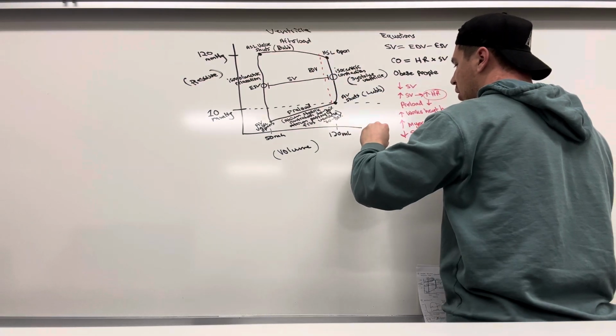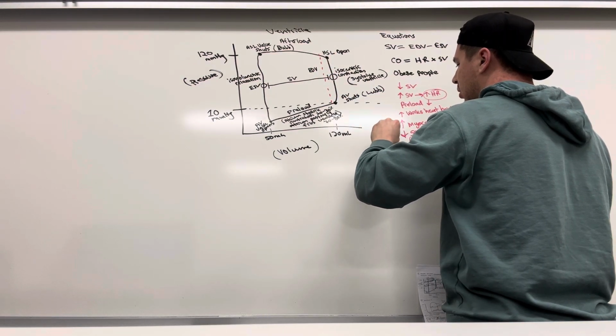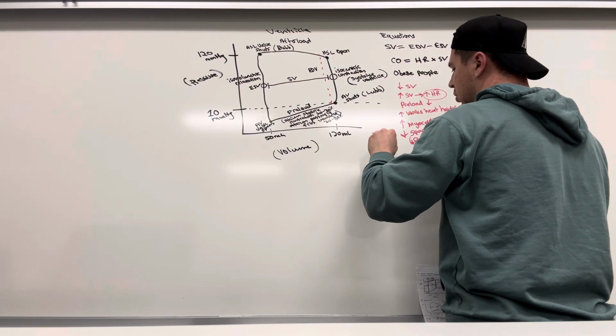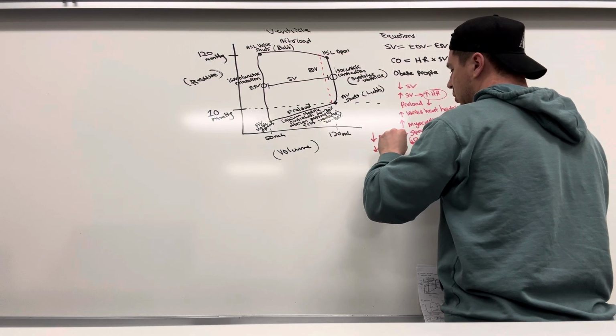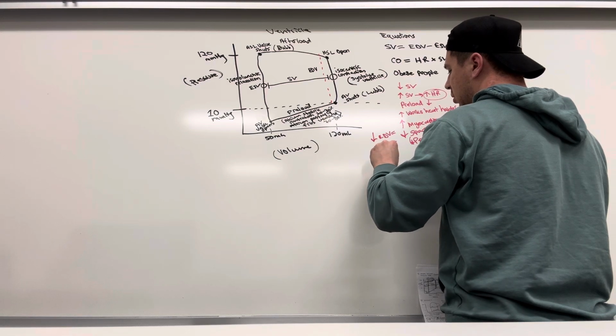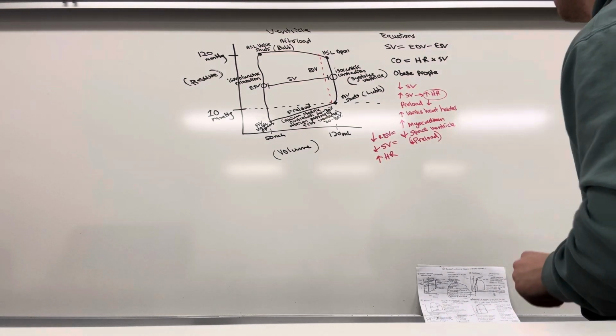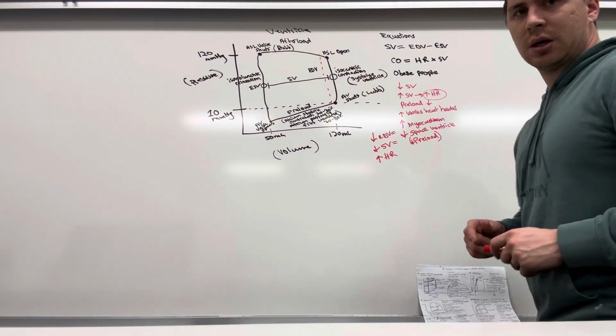And so you have low EDV, which equals low stroke volume, which equals high heart rate. And that's why obese people have high heart rates and blood pressure.